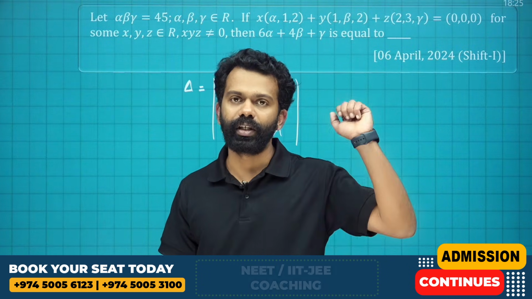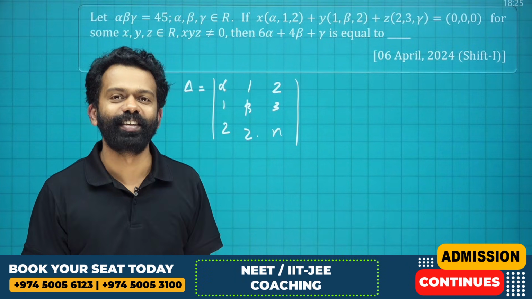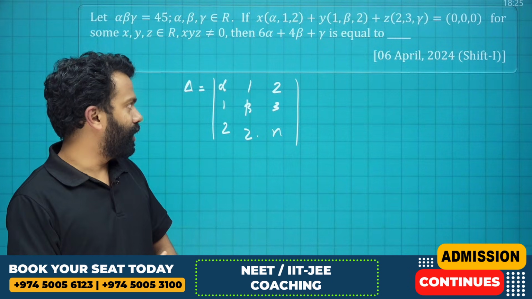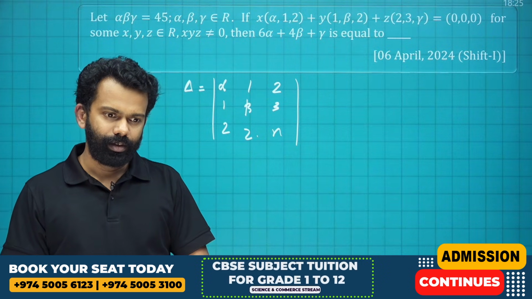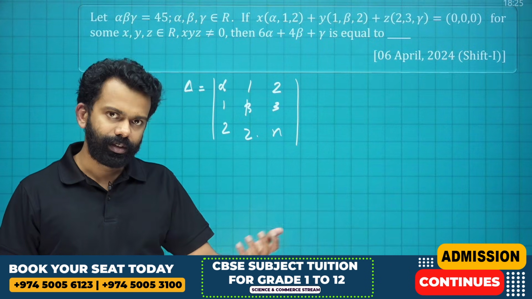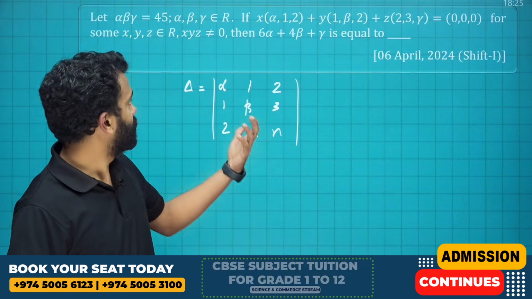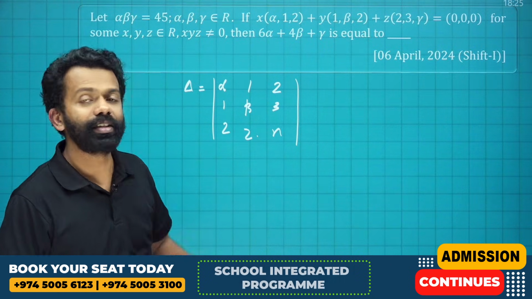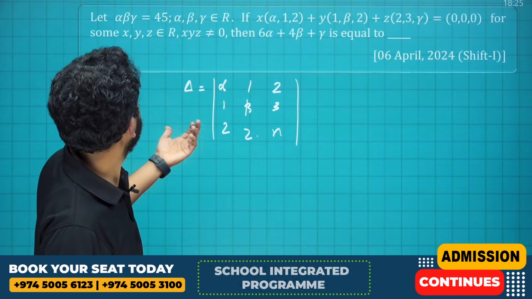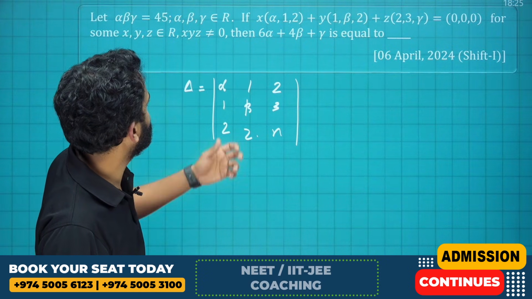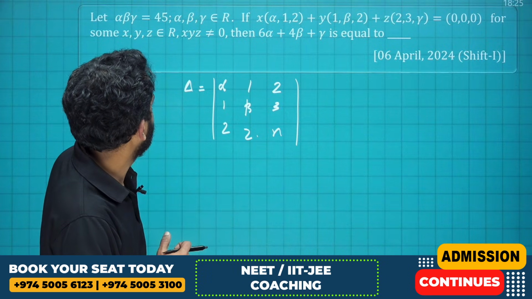And what will you do for these types of questions? See, the majority of people will think like this. If you open the determinant, no other data is given. Whether this equation has infinite solutions, they haven't mentioned that, right?